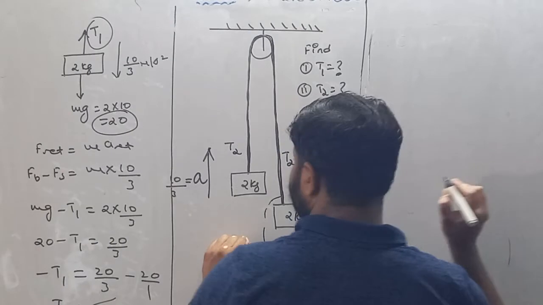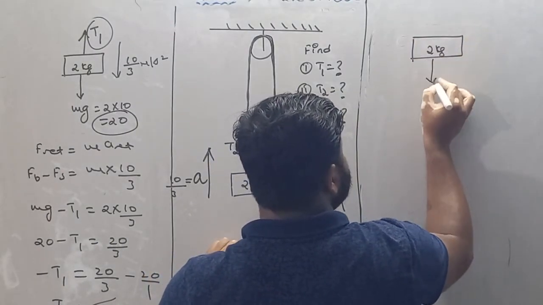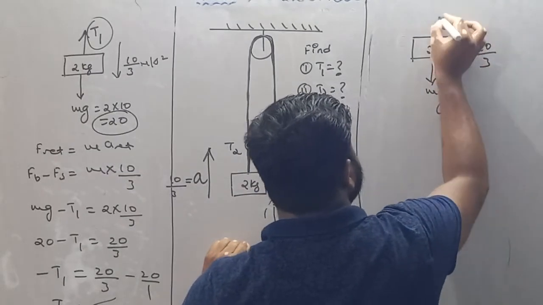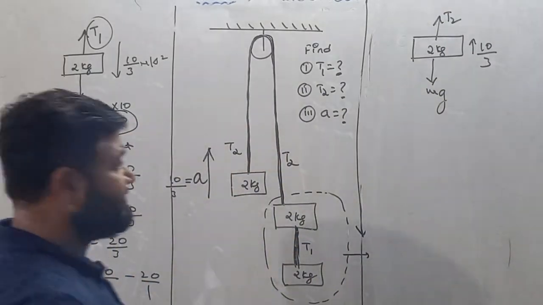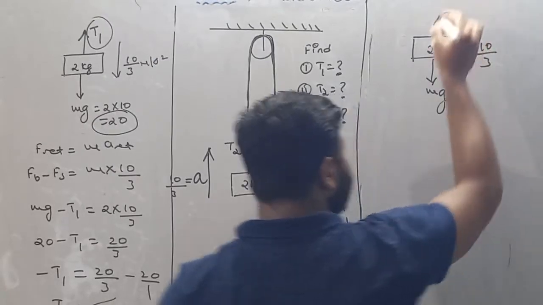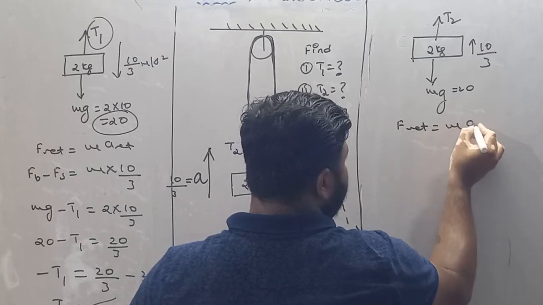So moving forward, my dear student, now we have to find the value of T2, 2 kg, so it is mg, acceleration is in the upward direction, it is 10 by 3, and T2 is a pulling force, tension is a pulling force, so it is away from the body. Now see, acceleration is in the upward side, T2 is also in the upward side, so we'll apply F net is equal to ma net.